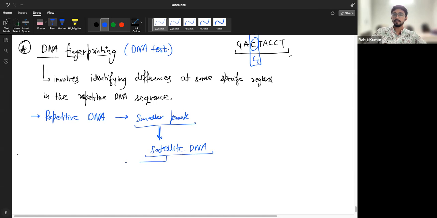Satellite DNA can be of two types: microsatellite and minisatellite. It's on the basis of how long the repetition is. Micro and mini are both small, but you know that micro is smaller than mini, right?